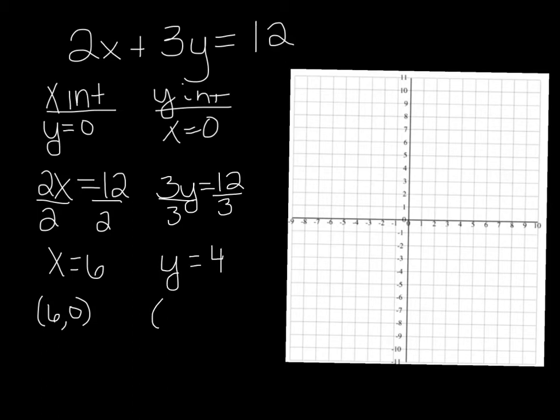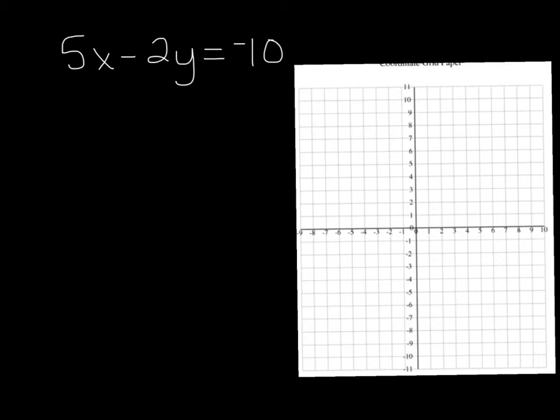So my y-intercept then, x is equal to 0, and y is going to be equal to 4. So we're going to plot those 2 points, 6, 0, and 0, 4, because our y-intercept is 4, our x-intercept is 6, and then we're going to connect our 2 dots, and there is your graph.